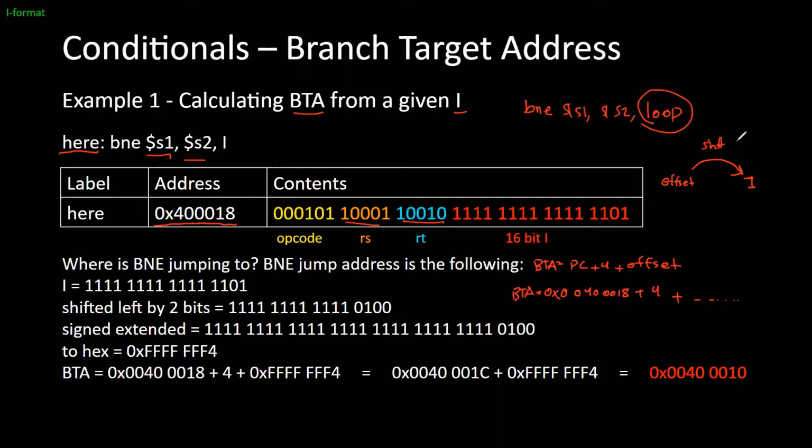If you are going from I to offset, you are expanding and shifting left by 2. So here we have the I. In order to get the offset from the I, we have to shift to the left by 2. That means you're basically adding 2 zeros at the end of it.